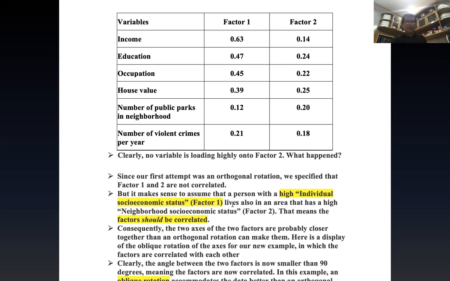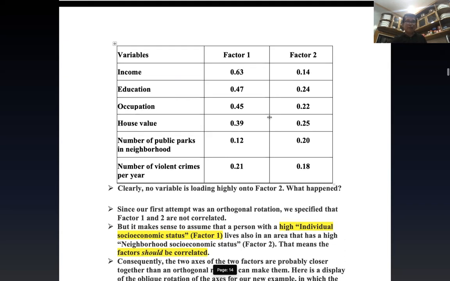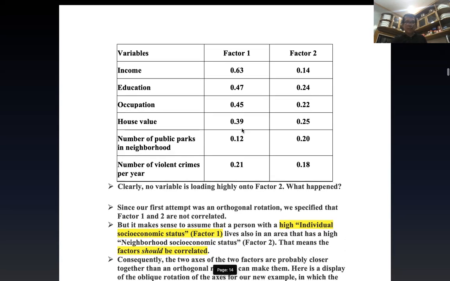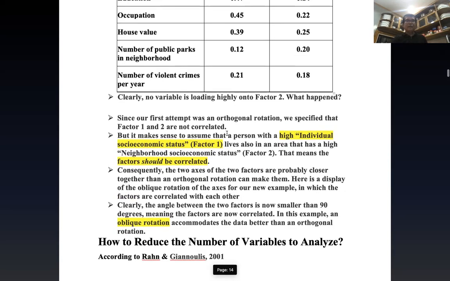That means the factors should be correlated. If you look at factor 1, 0.63, 0.48, 0.45, 0.39. Consequently, the two axes of the two factors are probably closer together than an orthogonal rotation can make them.